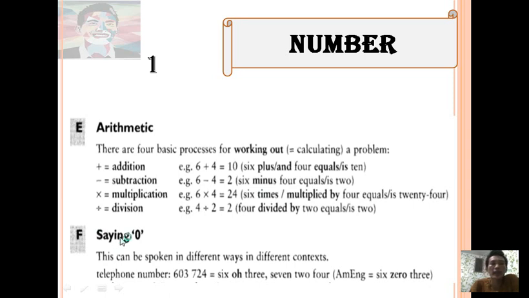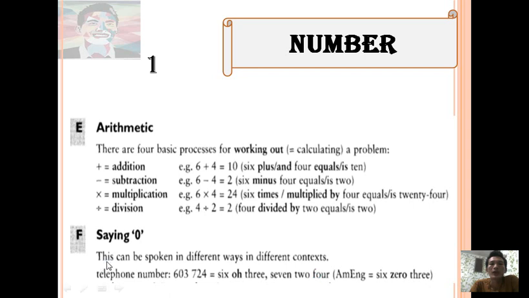Next, saying O or 0 or no. This can be spoken in different ways in different contexts. When you mention a telephone number, you are able to say 603 724.